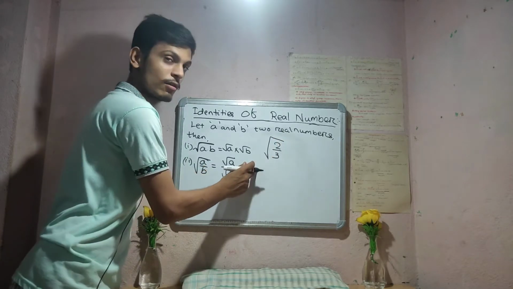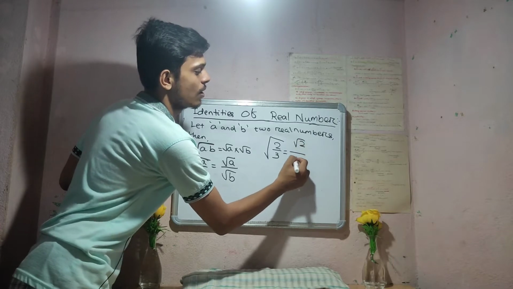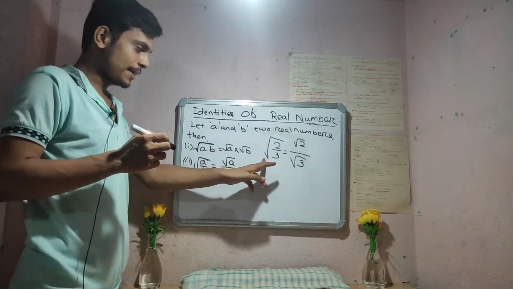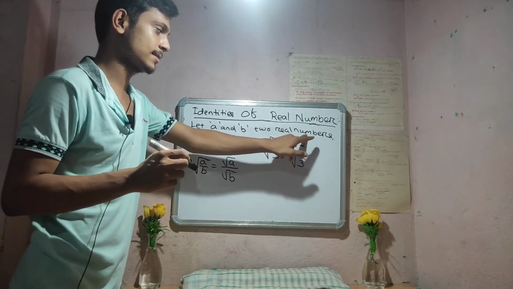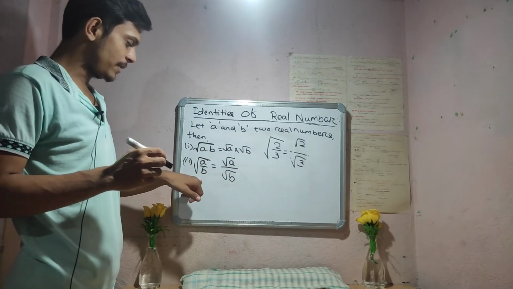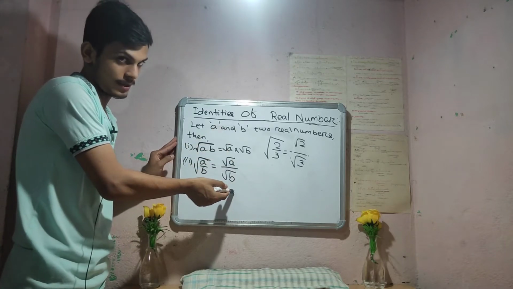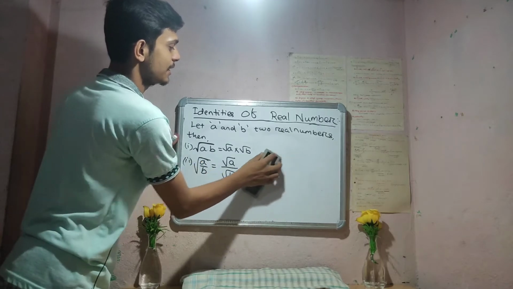That is, the square root of 2 upon 3 must be equal to the square root of 2 upon the square root of 3. Just like this, I open the square root and find this. Clear my point? So this is the second identity.